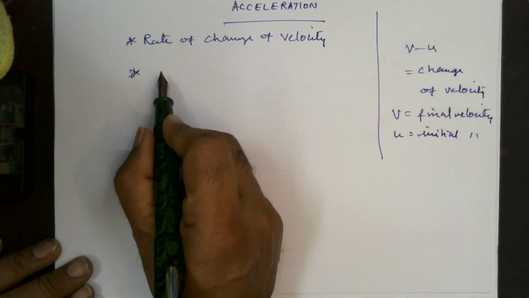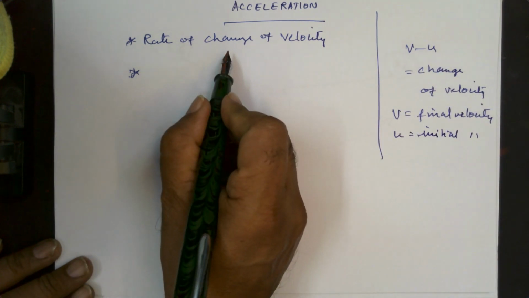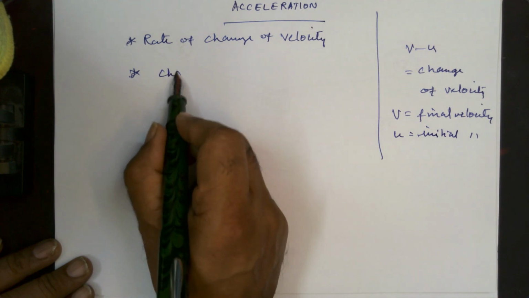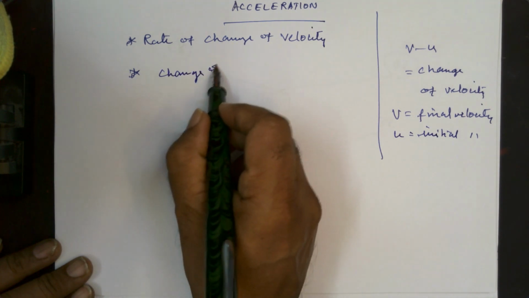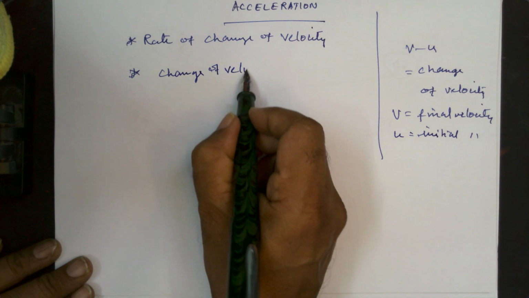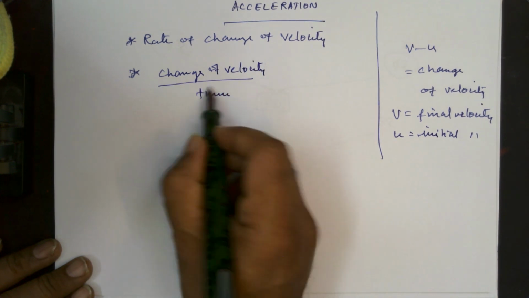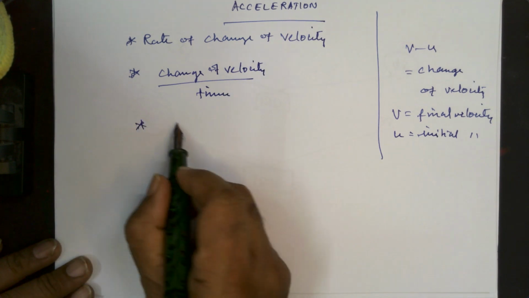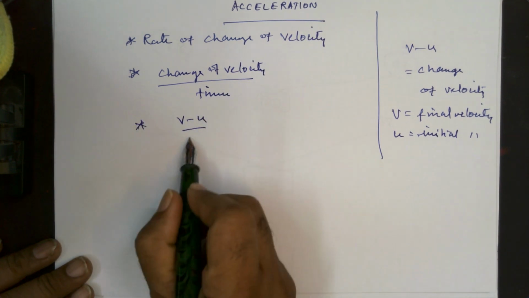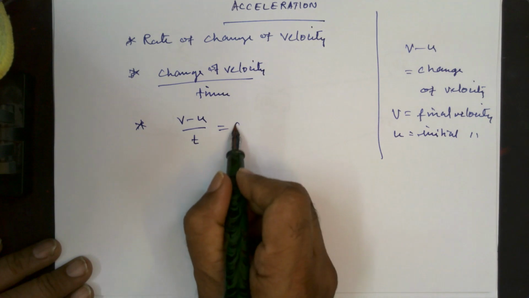Rate of change of velocity means the change of velocity divided by time. So this can be represented by v minus u divided by t, that is equal to a.